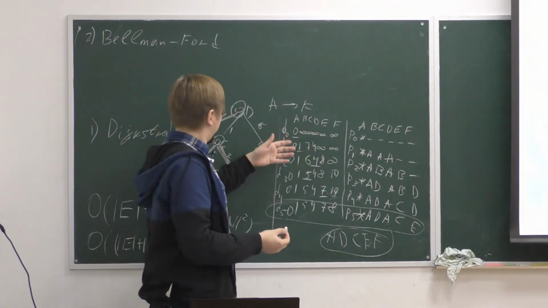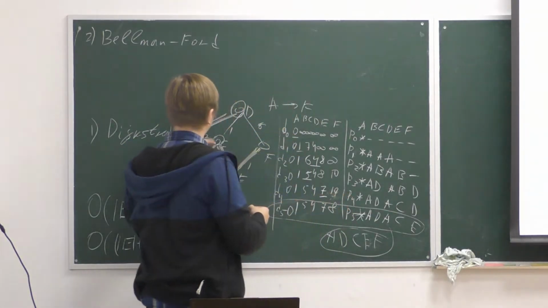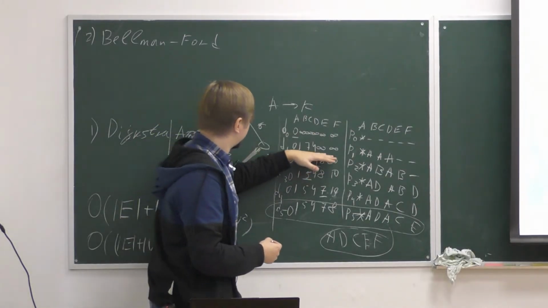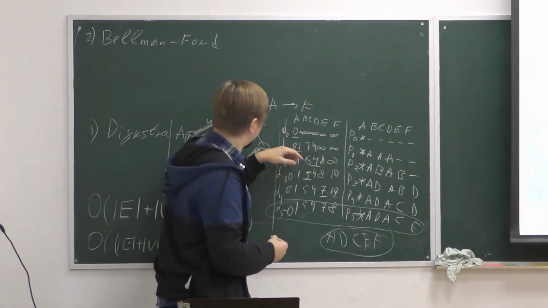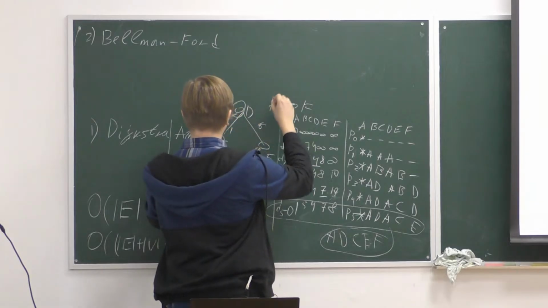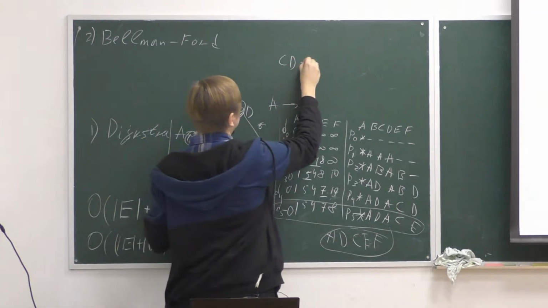So what I mean, you write all of these edges. You take some edge, for example CD, whose weight is 1.